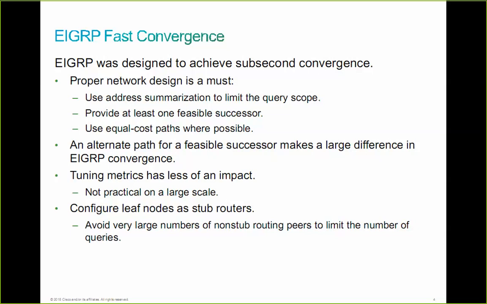It's kind of difficult to put an exact boundary on the number of EIGRP neighbors that a router can support. It depends on what kind of summarization you're using, if you're doing any route filtering, if you're doing stub routing. And this is something that they would typically ask you on the test.